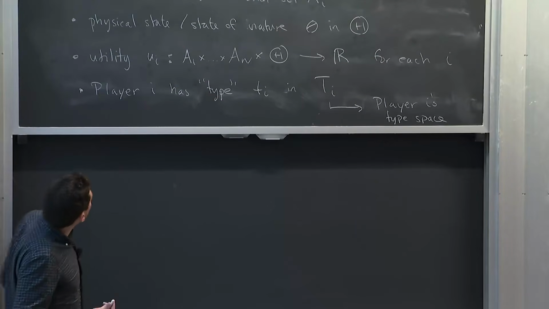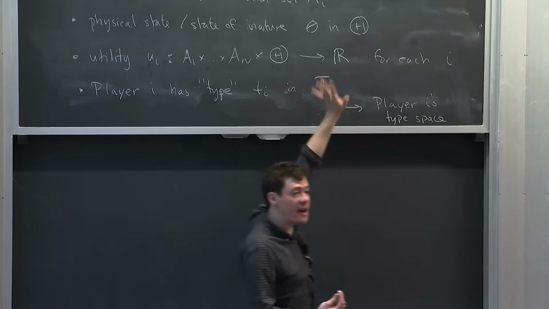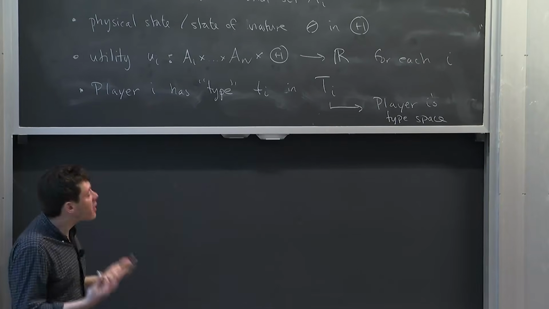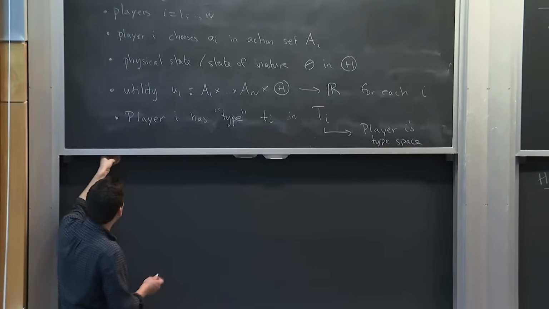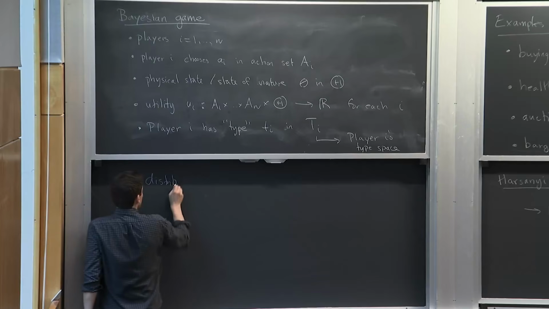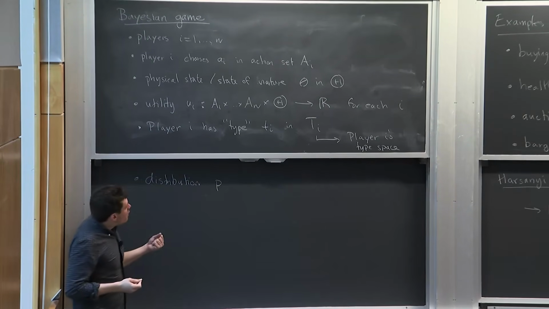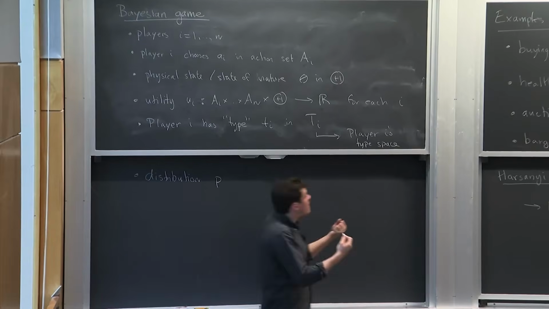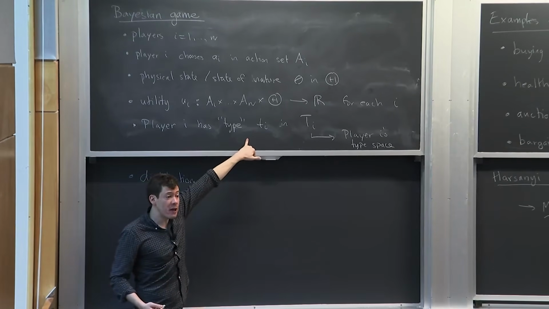And what we're missing here is what's the connection between the types and the state of the world. And we're going to capture that with a prior. So the last component here is going to be a distribution P. But it's not enough just to say the distribution of the physical state, but we also have to specify the distribution of the players' types.